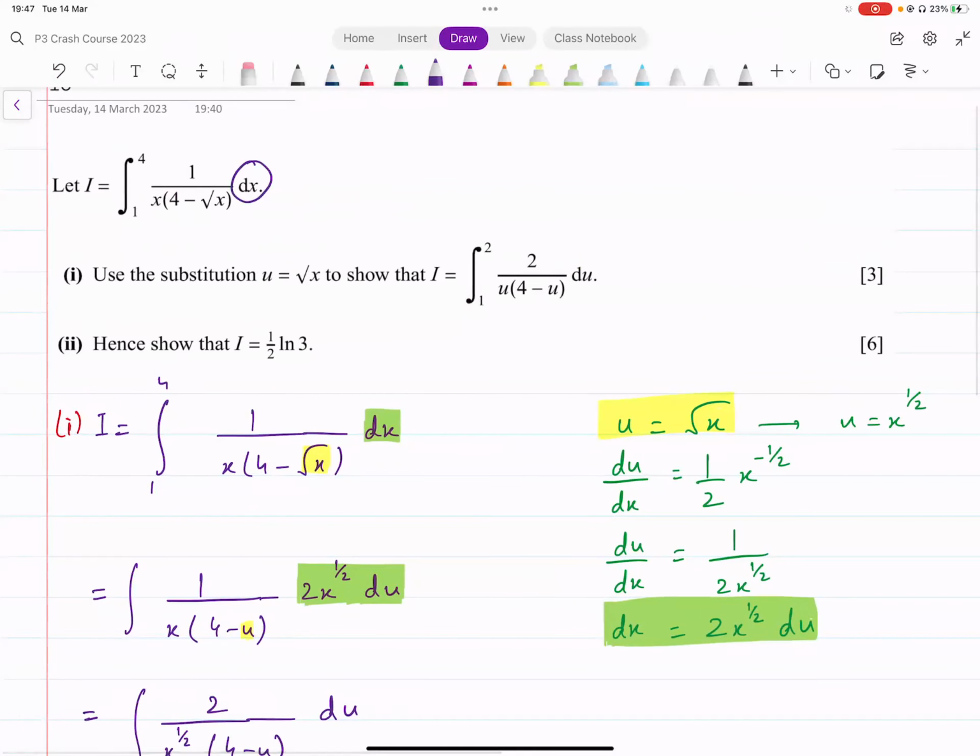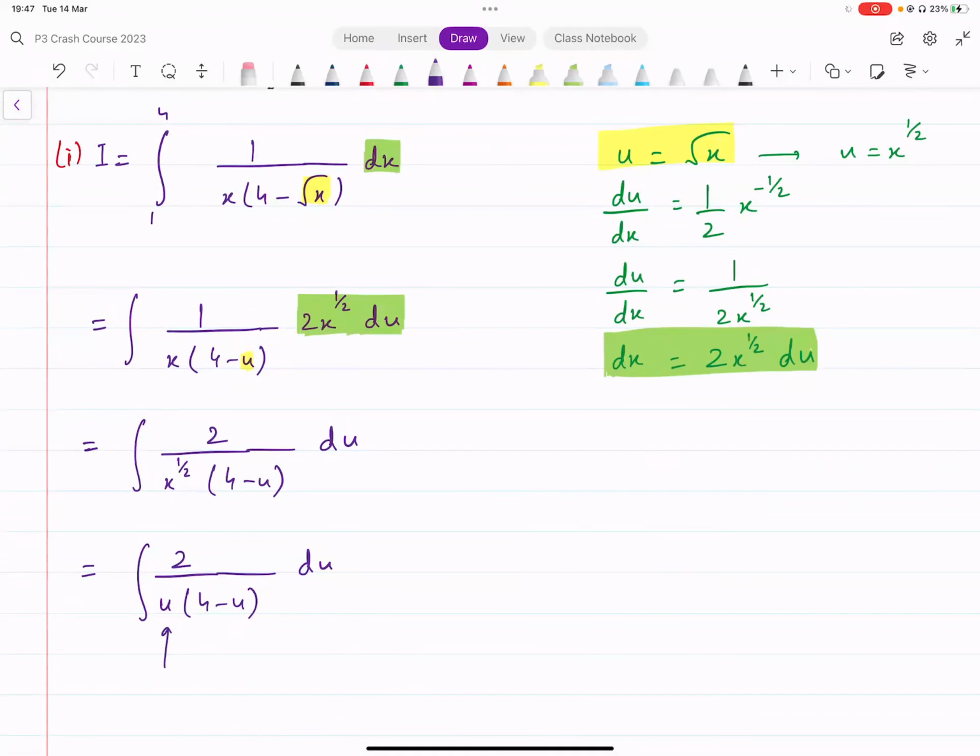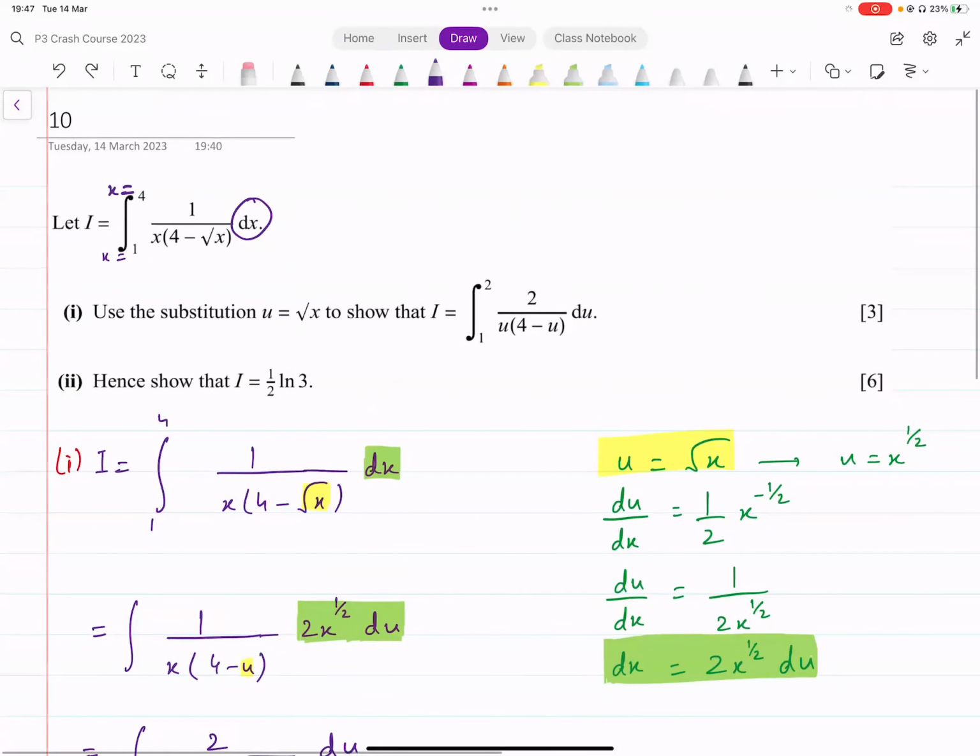But when we convert it to something in terms of u, we can't input the same values in place of u because those values were for x. So we also have to change the limits. When we use a substitution, the limits also get changed. That is why these limits are different here.